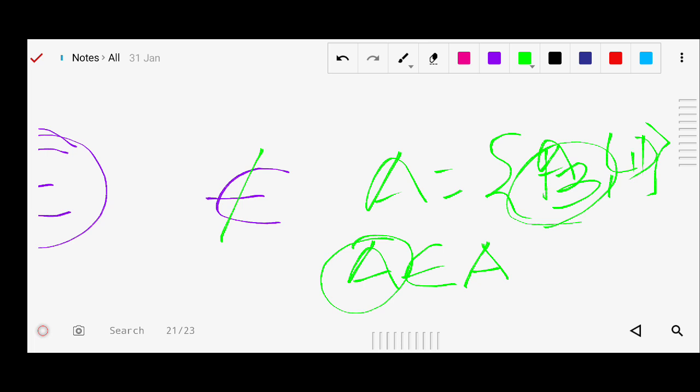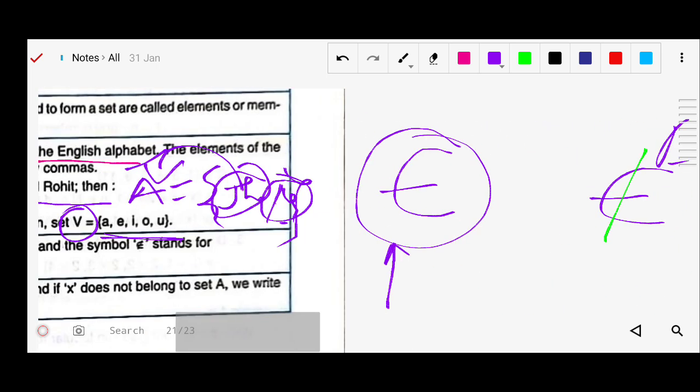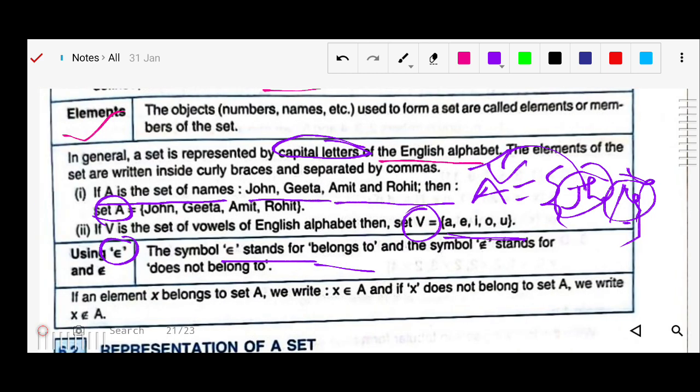Or suppose I write Z belongs to set A. Whenever it says belongs, it means the element is available in that particular set, and if it is not available, then it does not belong to that set. So take the example X belongs to set A: is there anything like X in set A? If there is, then we say belongs, otherwise not belongs.